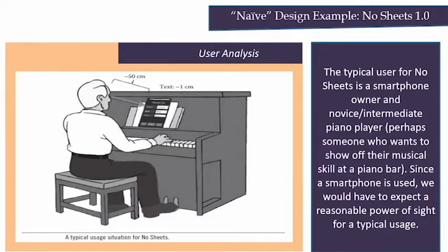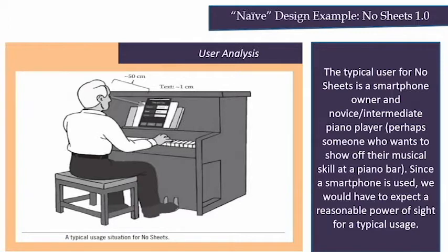Here, you identify the users. Then you consider human factors, remember chapter 3, human factors, which covers visual sensation.